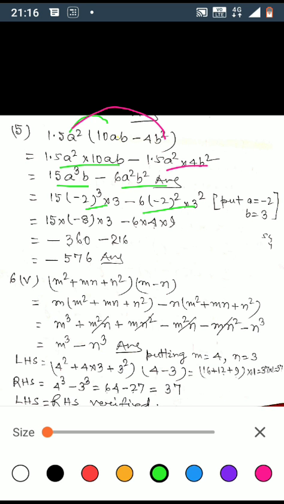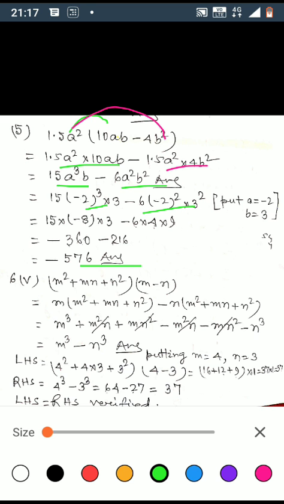So it can be written as 15 common bracket minus 2 whole cube multiplied by 3 minus 6 common bracket minus 2 whole square multiplied by 3 square. Now calculate: 15 multiplied by minus 8 multiplied by 3 minus 6 multiplied by 4 multiplied by 3 square 9. 15 eights are 120 multiplied by 3 minus 360, minus 6 multiplied by 4 multiplied by 9, you will get minus 216. Add it, equal to minus 576.